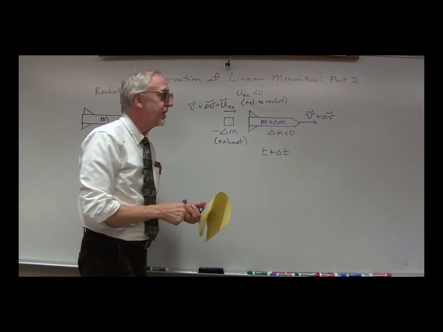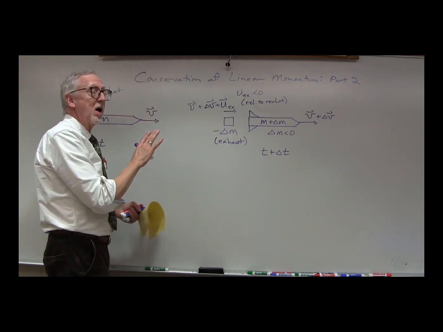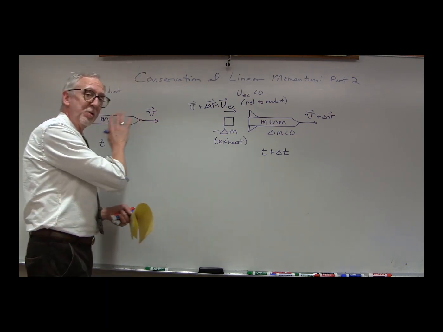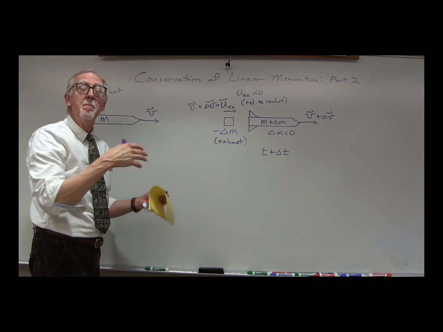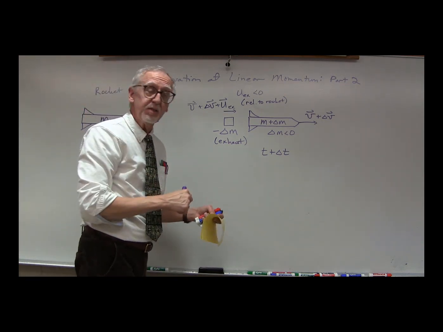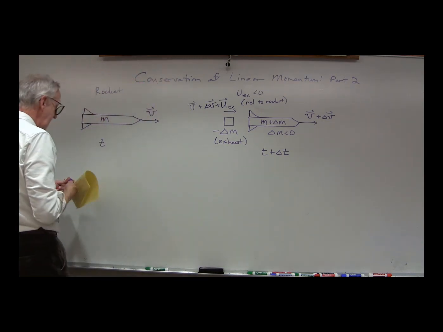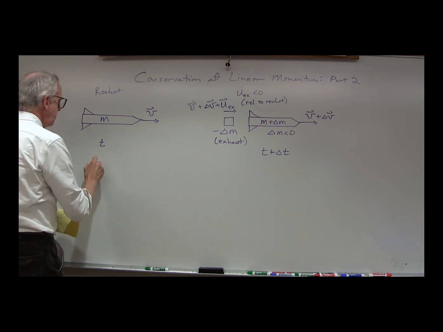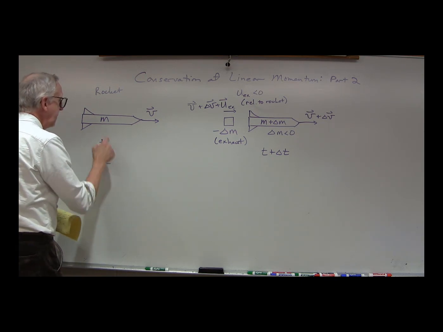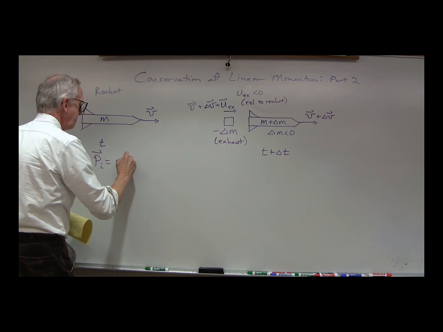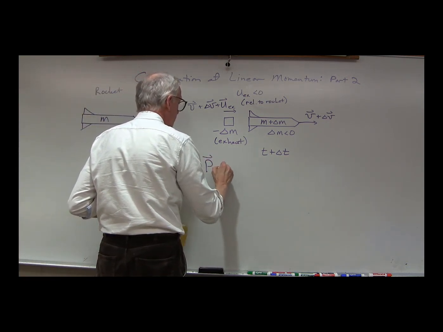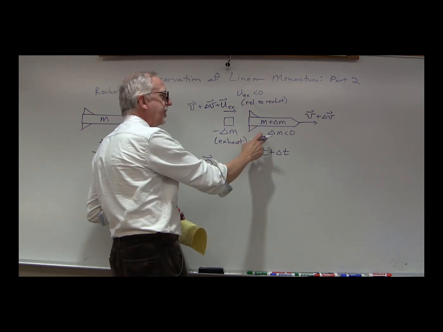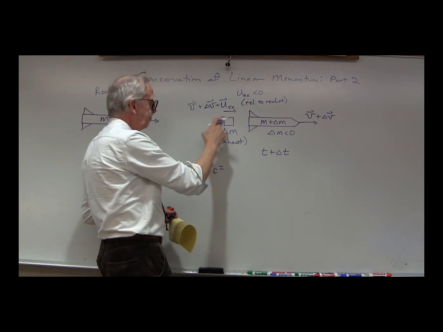Okay, there we go. Now, let's figure out what our momenta are. What's our initial momentum? What's our final momentum? Whatever difference those have must be due to the external forces. So P initial will be mv. And P final will be, well, we've got two things here, the rocket and the exhaust.